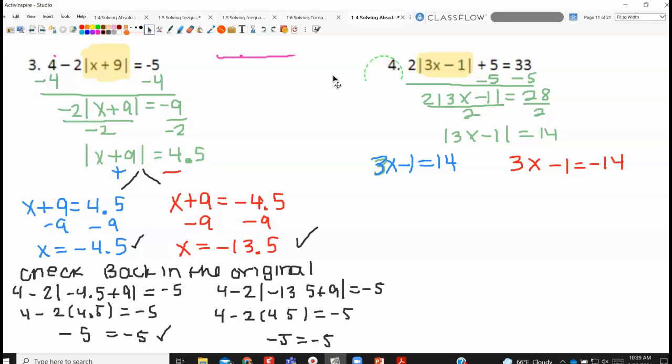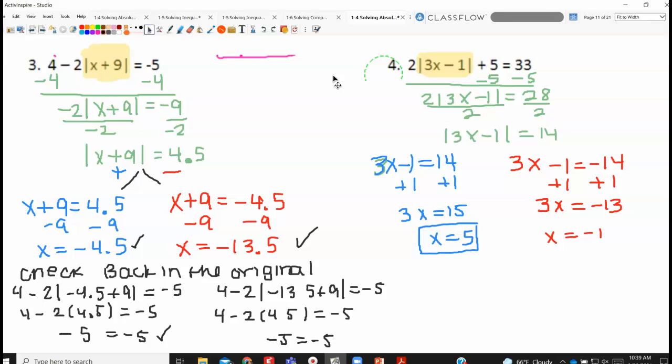Solve for x in both. So we get x equals 5. And x equals negative 13/3.